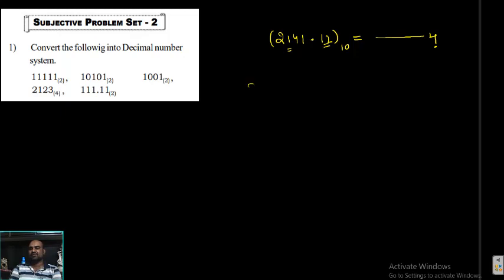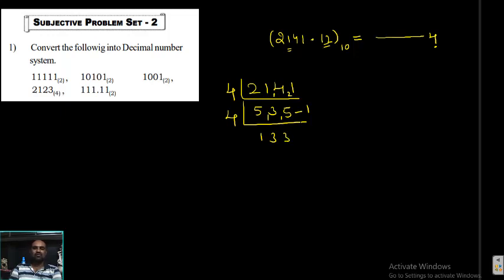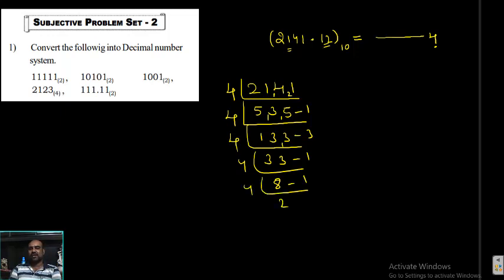Okay, so 2141 should be divided by 4. 4 5s are 20, 1. 4 3s are 12, remainder 2. Yeah, 21 means 4 5s are 20, 1. Again I want to divide by 4. 4 1s are 4, 1. 4 3s are 12, 1. 4 3s are 12, 1 remainder. 4 8s are 32, 1 remainder. 4 2s are 8, 0 remainder.